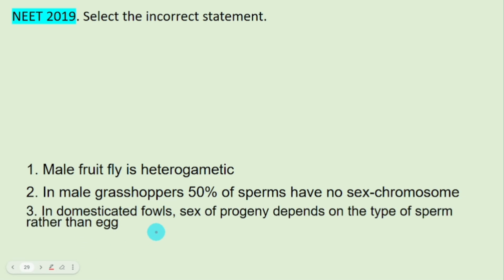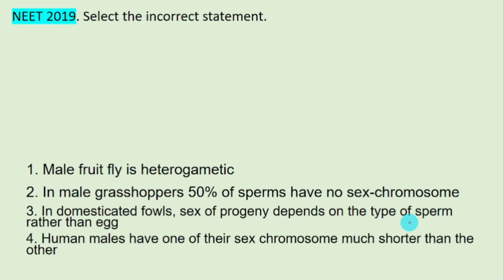In domesticated fowls, sex of progeny depends on the type of sperm rather than egg. This is incorrect. The sex of progeny depends on the type of egg because the egg shows heterogamety. Human males have one of their sex chromosomes much shorter than the other. Yes, that is called the Y chromosome. So the only statement which is incorrect is option number 3.